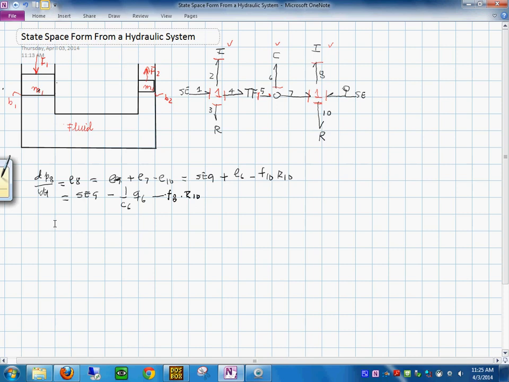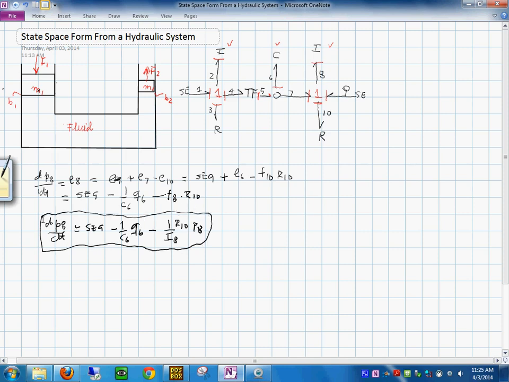So finally, we can just write the first equation, which would be SE9 minus 1 over C sub 6 Q sub 6 minus 1 over I sub 8 times R sub 10 and then P sub 8. And so this is my first differential equation like this.